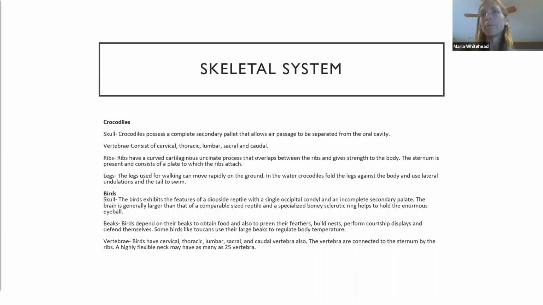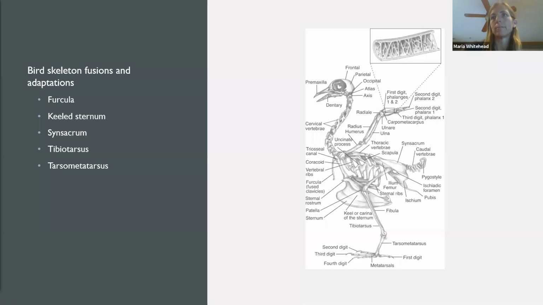Vertebrae are similar in birds: we see cervical, thoracic, lumbar, sacral, and caudal vertebrae that are connected to the sternum by the ribs. So bird skeletons have some really interesting fusions and adaptations that we'll talk through.